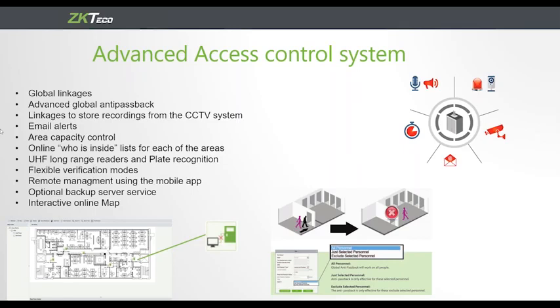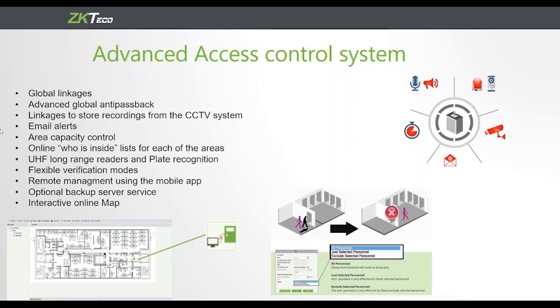So the mobile application is a very useful tool for the administrator of the access control system because he can easily manage everything from it. You don't need to be physically there in the installation. He can do it comfortably at home, and it's very convenient.